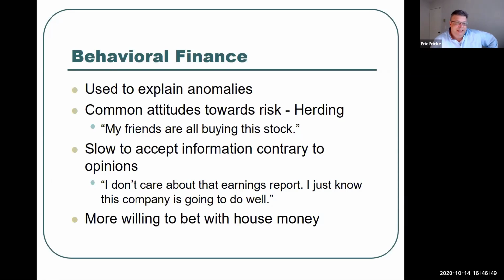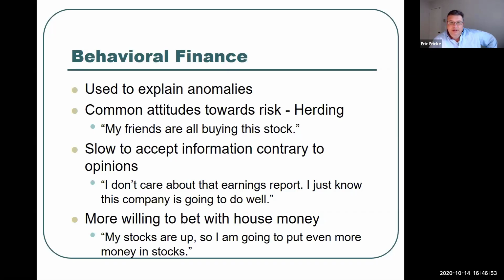Another thing we see is that when stocks are up, investors are much more willing to bet even more money. For example, let's say an investor says, you know what, I'm going to put in 50% of my money in stocks. But then they see, oh man, my stocks are up 15, 20% this year. You know what, I'm going to put in 90% of my money in stocks.